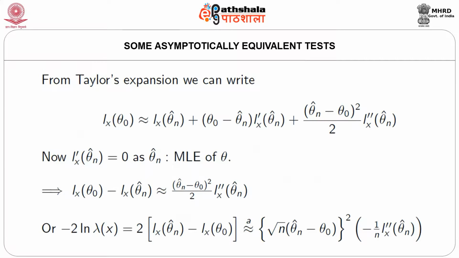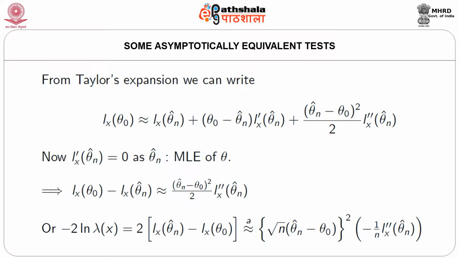From Taylor's expansion, we can write small lx theta naught is approximately equal to small lx at theta n hat plus theta naught minus theta n hat times small lx prime theta n hat plus theta naught minus theta n hat whole square by 2 times small lx double prime theta n hat.